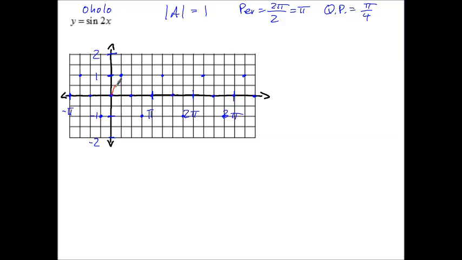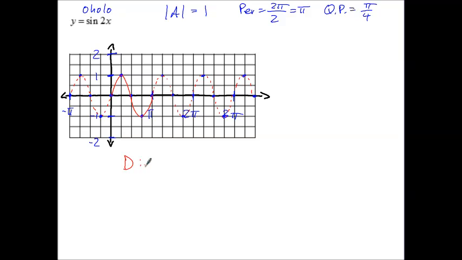So let's graph it. This is our full period, just pi, and here goes the rest, periodically going up and down between our highest and our lowest values.